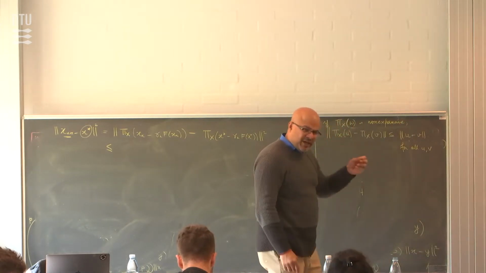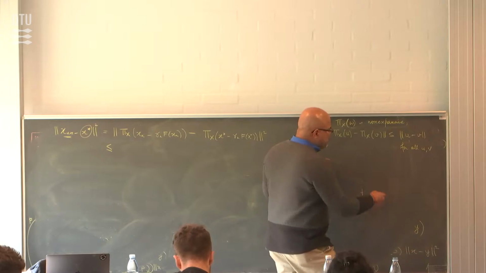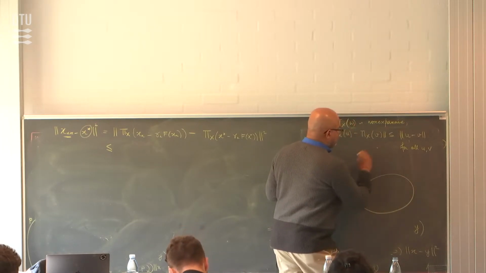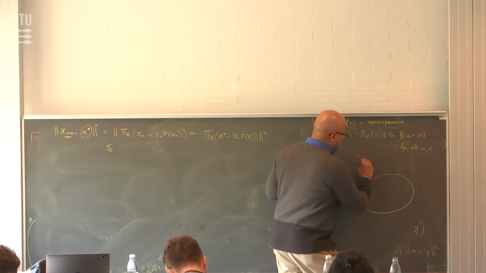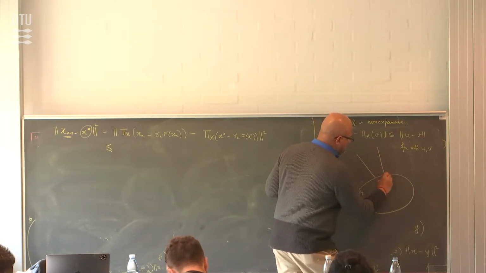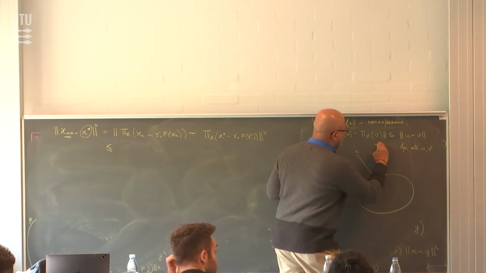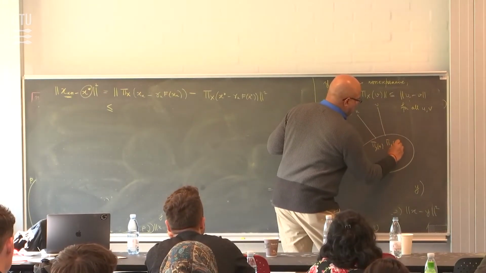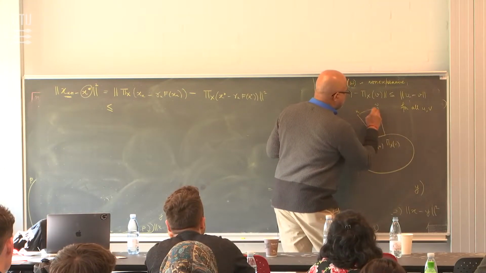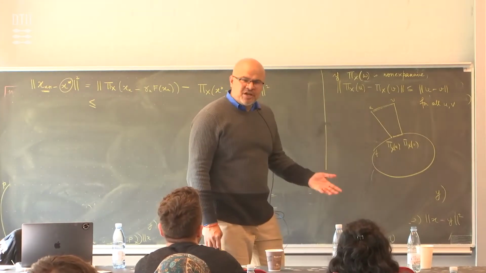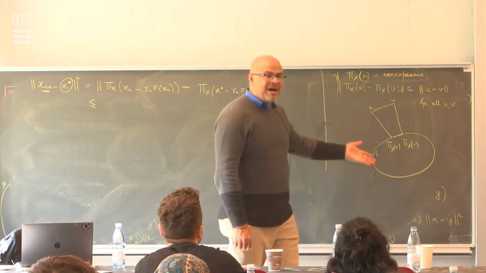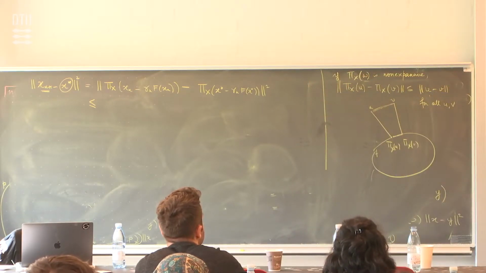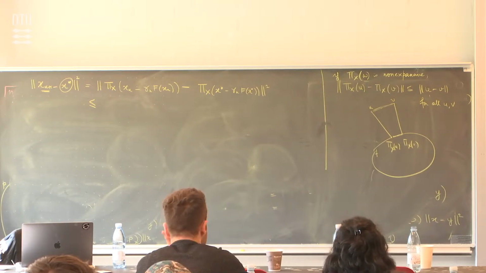What is the intuition for non-expansivity? If I give you a set and 2 points, and I project this point on this set and this point on this set, these are the projections of u and v. This distance is always less than this distance. Such mappings are called non-expansive mappings. After you apply them, the distance between the images reduces.